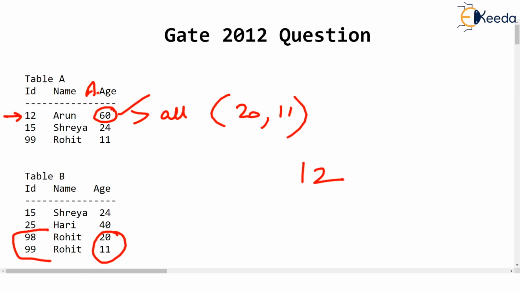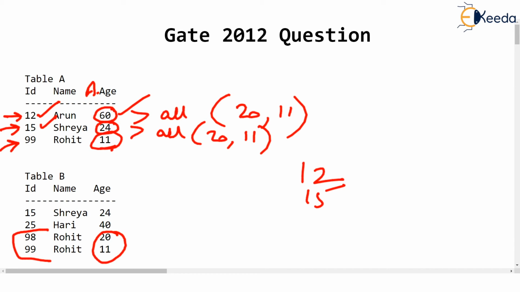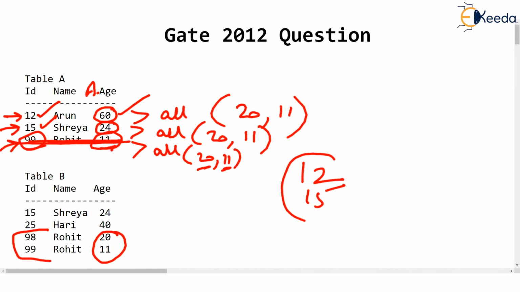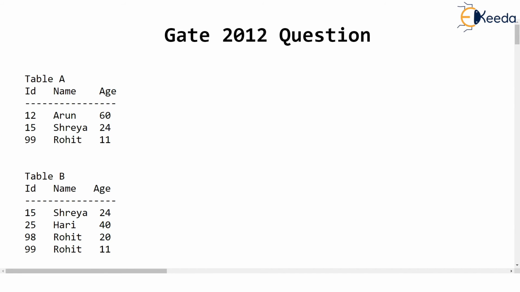In the next row, 24 is checked with 20 and 11, and 24 is greater, so 15 is selected. But for the third row, 99, 11, A dot age greater than all is false. It's not greater than all the entries, so this row won't be selected. In that case, the number of tuples selected would be 2, and the answer would have been 2.